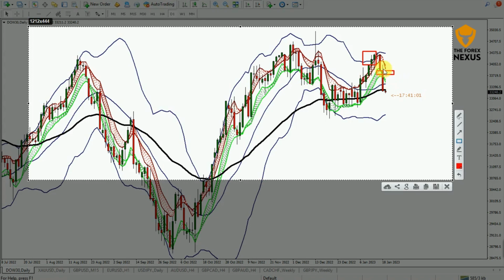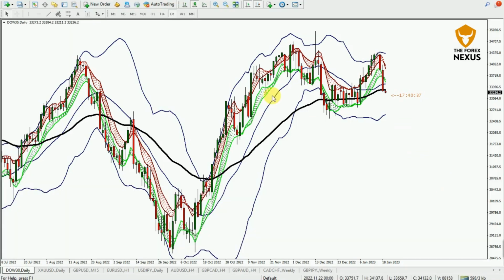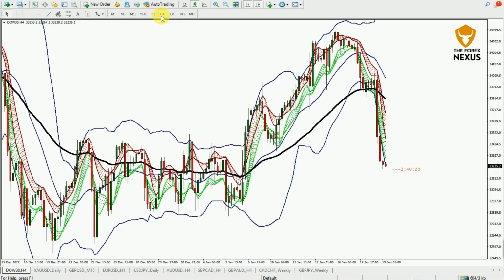Here we got the re-entry on the US30 daily time frame, but let's check out why it dropped and didn't give us a re-entry on the third time frame H1. So let's check out H4.